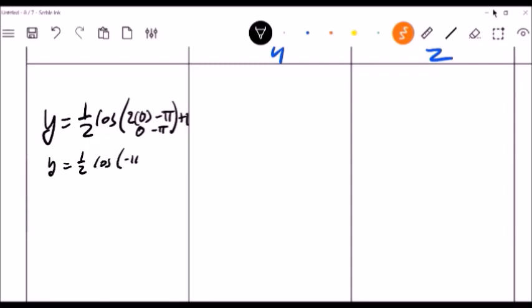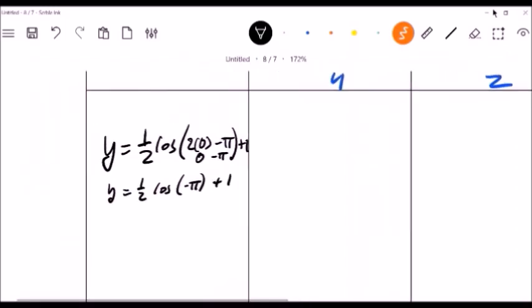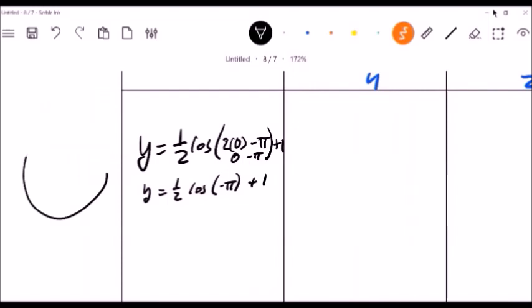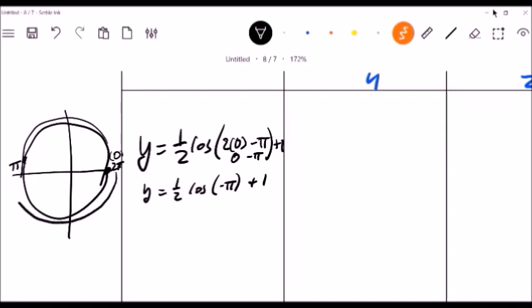Cosine of negative pi, plus 1. So negative pi, if we're on a unit circle, we go around to here, here's pi, here's 2 pi, but if we're at 0 or at 2 pi and we go back, which is what negative pi is, we'll be at pi. So negative pi is the same as pi.